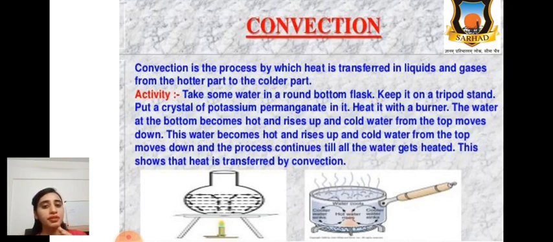After 2 minutes you see the upper part of the water is still cool and the lower part has become hot. Means the water is heated first at the bottom, and then the upper part of the water becomes hot.